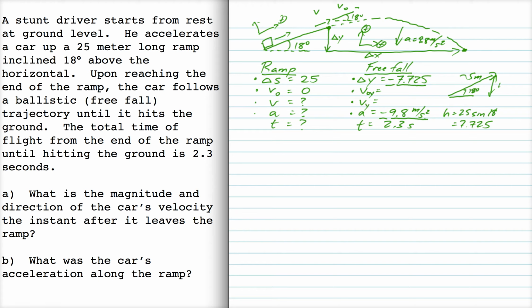Now I haven't bothered for the free fall part to talk about the delta x, the x component. I'm not writing down delta x or calculating delta x or worried about delta x, because the problem doesn't care about the delta x. So if I solve for my unknowns in delta y, I can use delta y is equal to v0y t plus 1/2 a t squared.